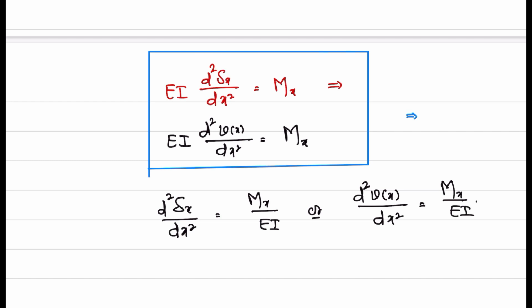Either you call it Vx or delta x, that is up to you. It will be convenient, I want to call it delta x. Let me call it delta x, absolutely no problem. Now I got the equation.